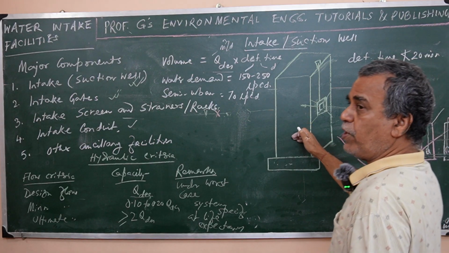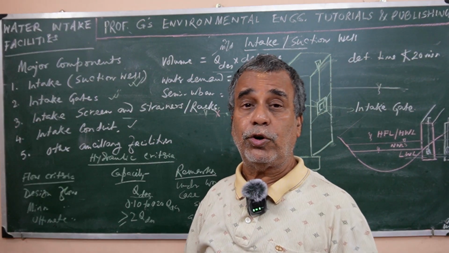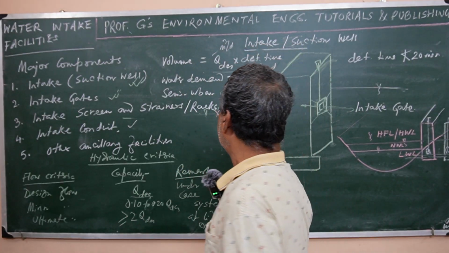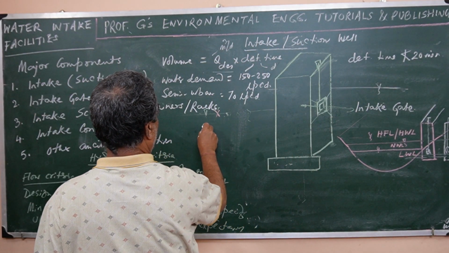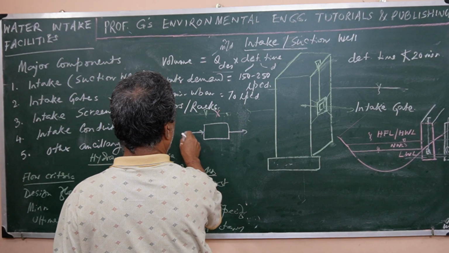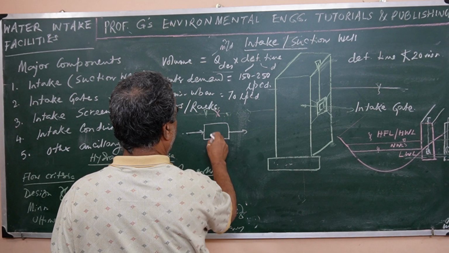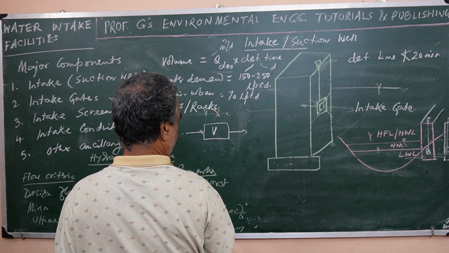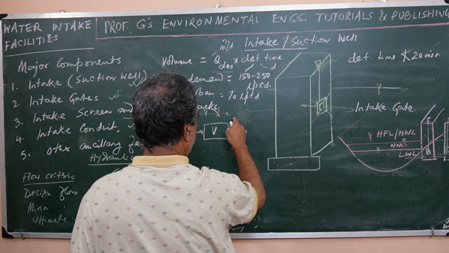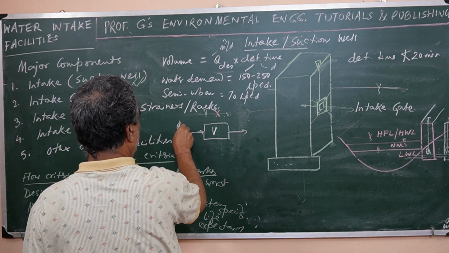That means for 20 minutes it must be stored, and for a continuous supply system, the volume for any storage, when the flow is continuously coming in and going out, is represented by a box. So this is the Q design.